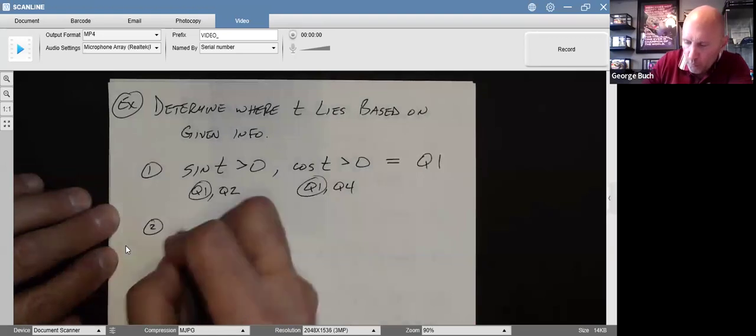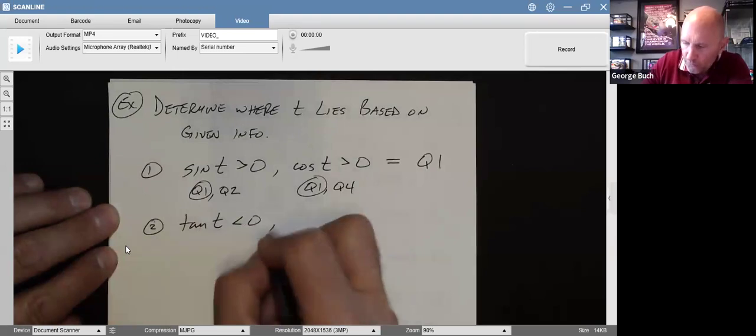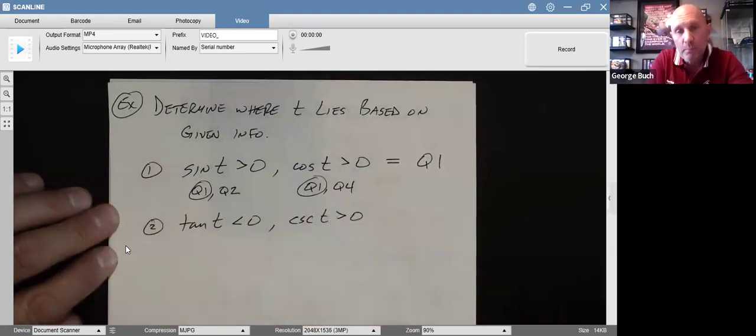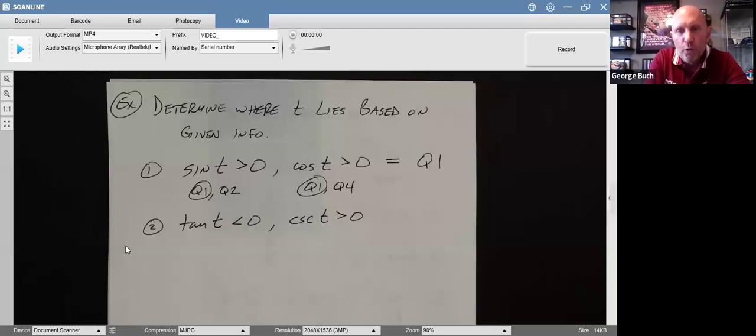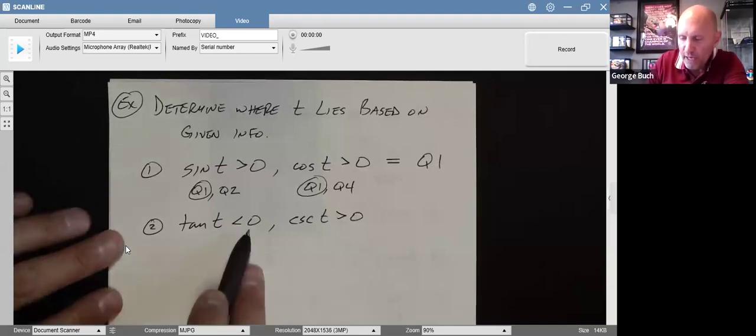What if I have tangent of t is less than 0? Cosecant of t is greater than 0. So again, I would hit pause, try to work it out, see if you get the right answer. Come on back, hit double time so it speeds through the video, and see if you get it right. So tangent is less than 0, meaning tangent is negative.